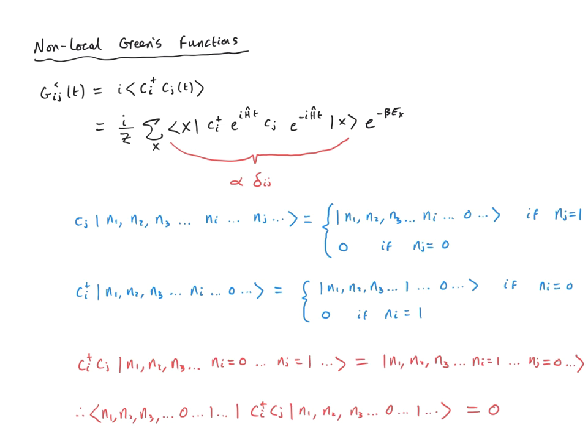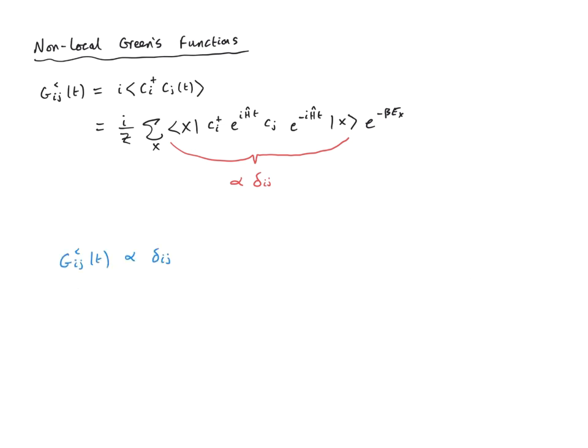And what this shows us in the end is that our Green's functions for the non-interacting electron gas, where the orbitals are totally decoupled from each other, are exactly local. This means that G lesser ij of time t is proportional to the Kronecker delta ij. If i is equal to j, then we get the familiar result that we derived previously for a single orbital. If i is not equal to j, then the Green's function vanishes. And this holds also for the greater functions and the retarded functions, as well as their Fourier transformed counterparts.